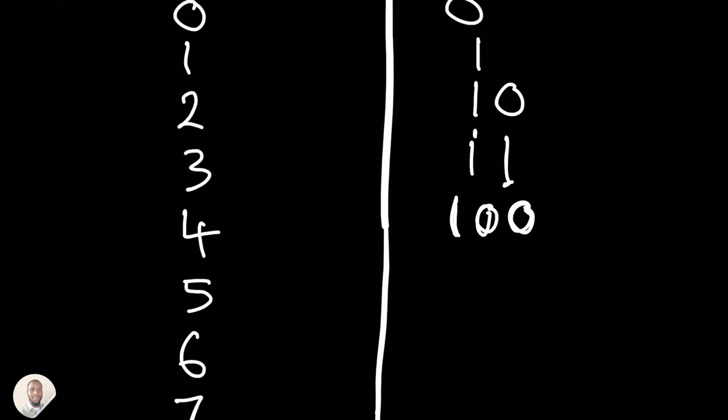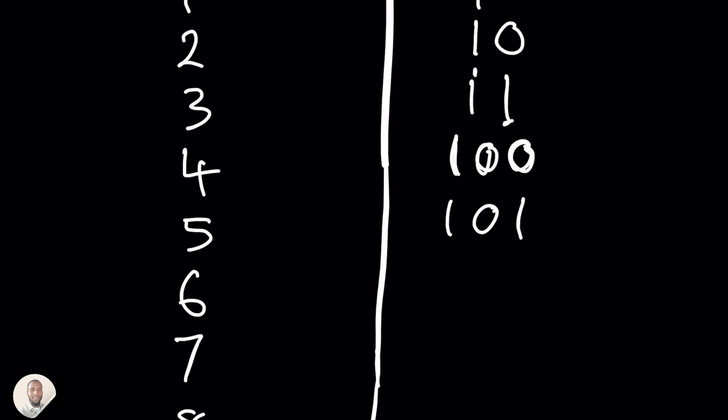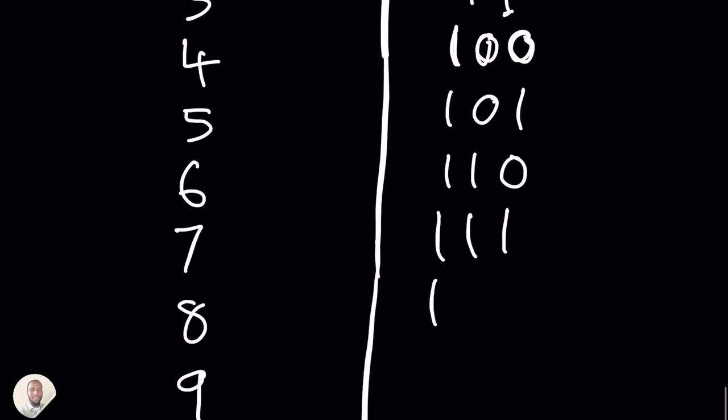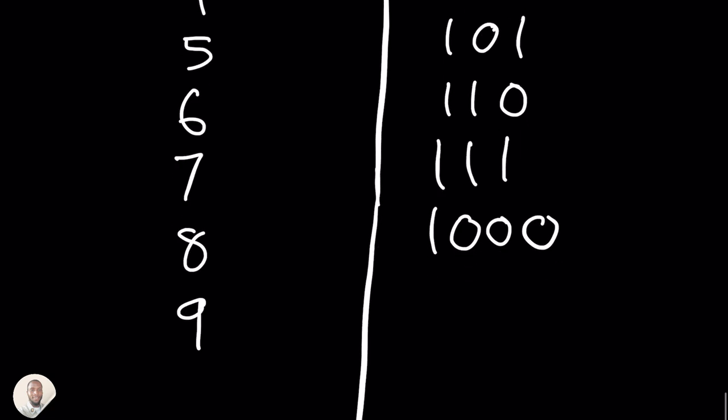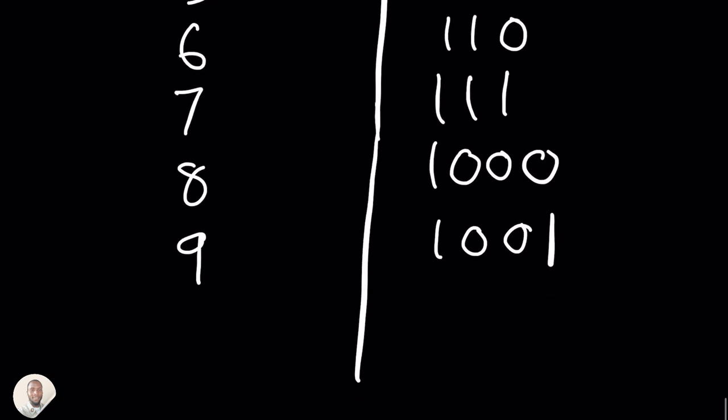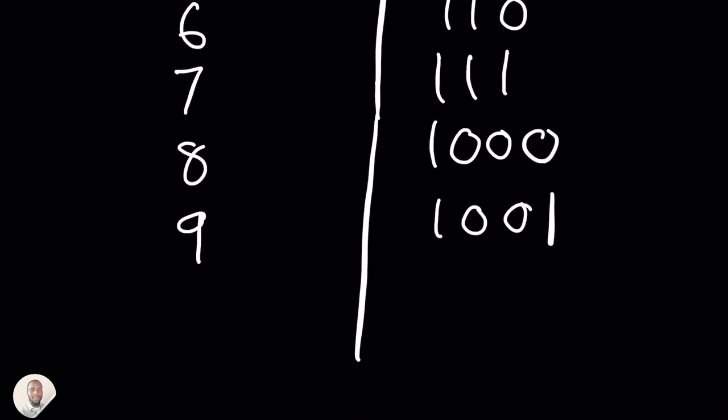Next one becomes what? 101. Yes. Next becomes 110. Next becomes 111. Next becomes 1000. Next becomes 1001. So we have counted up to 10 in base 10 and in base 2. If you want to add further, let's add one more. For base 10, after 9 you have 10, right?